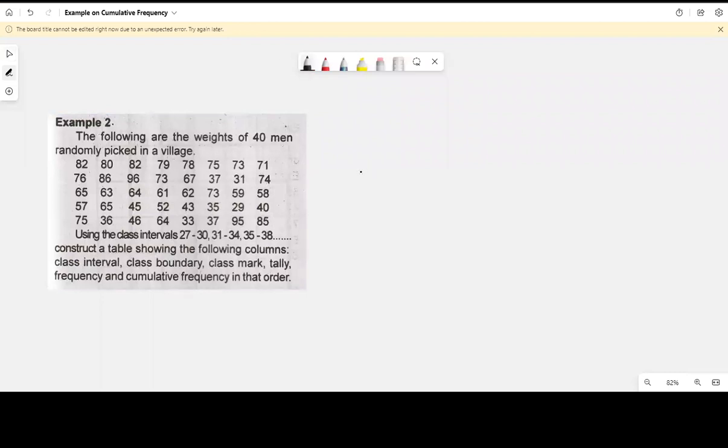Okay, we have an example here on cumulative frequency table. The question says the following are the weights of 40 men randomly picked in a village using the class intervals of 27 to 30, 31 to 34, 35 to 38.